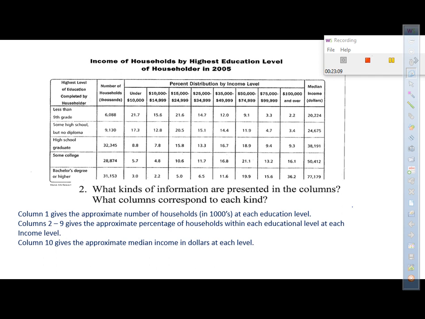And then column 10 gives the median income in dollars at each educational level. So we talked about the rows, so I got those out of the way, and then these happen to be all of our columns. I'll give you a second to jot that down, or cheat again, pause the video, or take a picture.